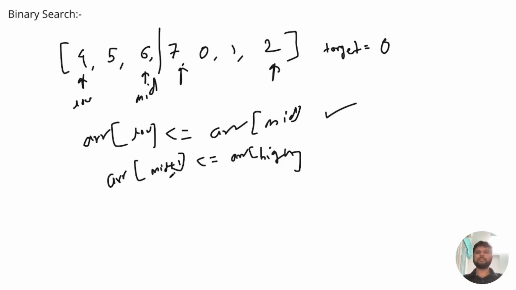Currently this condition is not satisfied because 7 is not lesser than or equal to 2, okay? So the left hand side of the array is sorted and the right hand side of the array is not sorted. So these are the two conditions that you need to remember to find out whether the left hand side or the right hand side of the array is sorted.